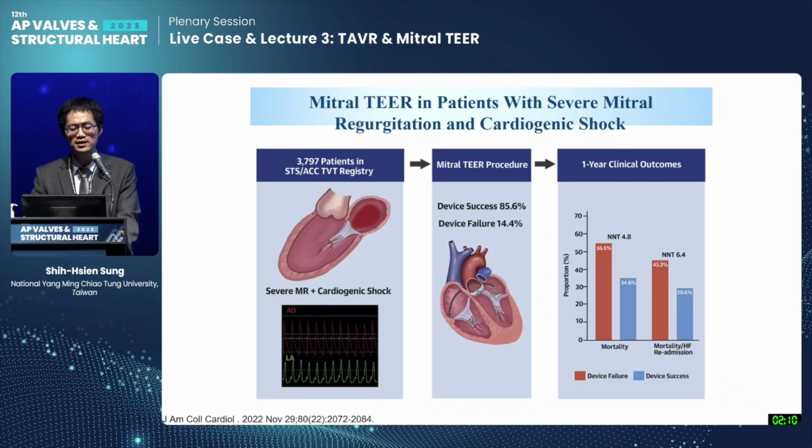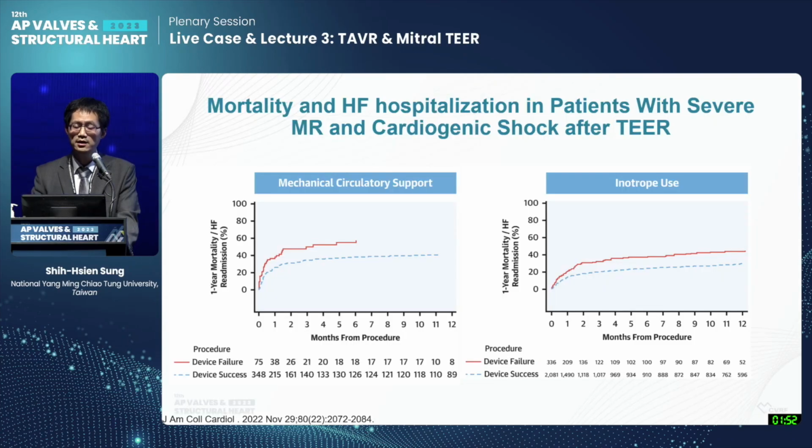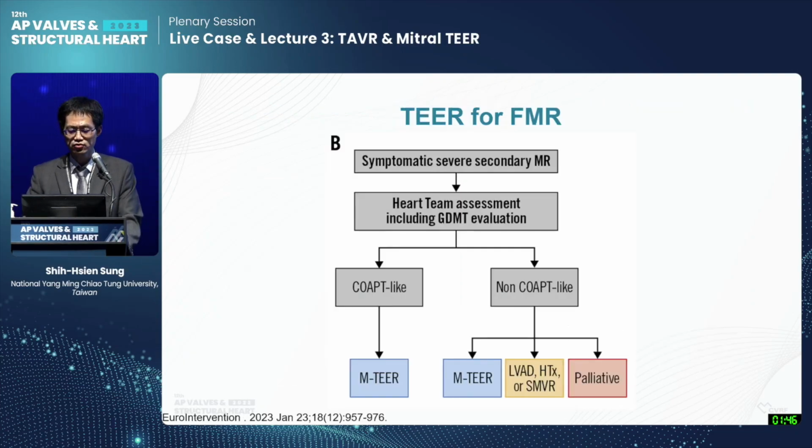We also see the data from the TVT Registry about almost 4,000 patients who have cardiogenic shock and severe mitral regurgitation. When we go for the TEER procedure with procedure success, we can improve the mortality and also heart failure hospitalization, whether the patient has already been put on mechanical circulatory support or just on an inotropic agent.